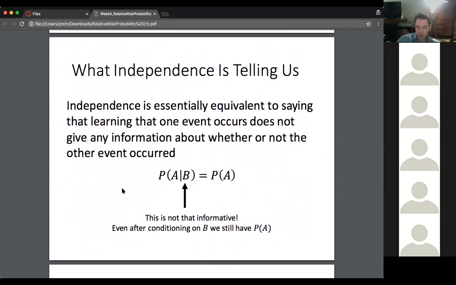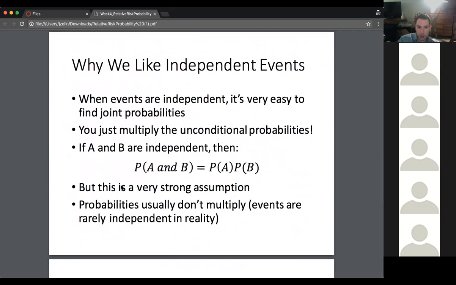Frequently, you're going to be working with variables that are dependent, because the effect of one will affect the other. Independence is essentially equivalent to saying that learning that one event occurs does not give us any information about whether the other event occurred. When events are independent, it's easy to find joint probabilities.